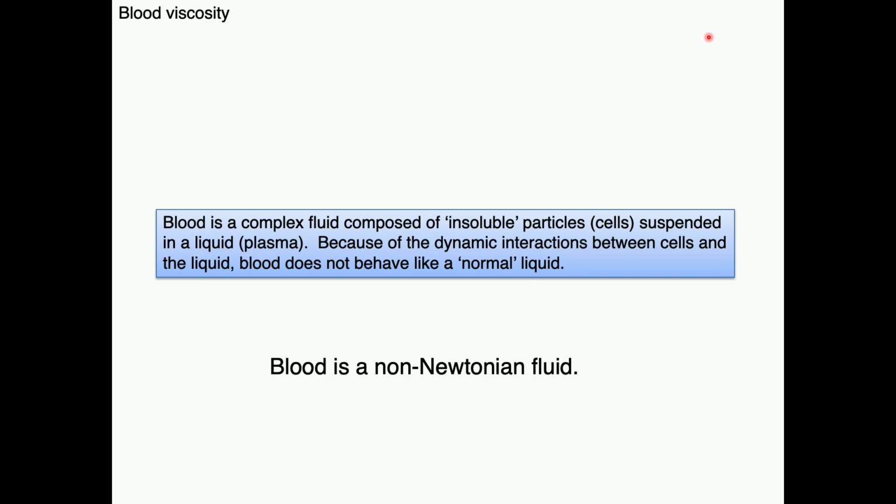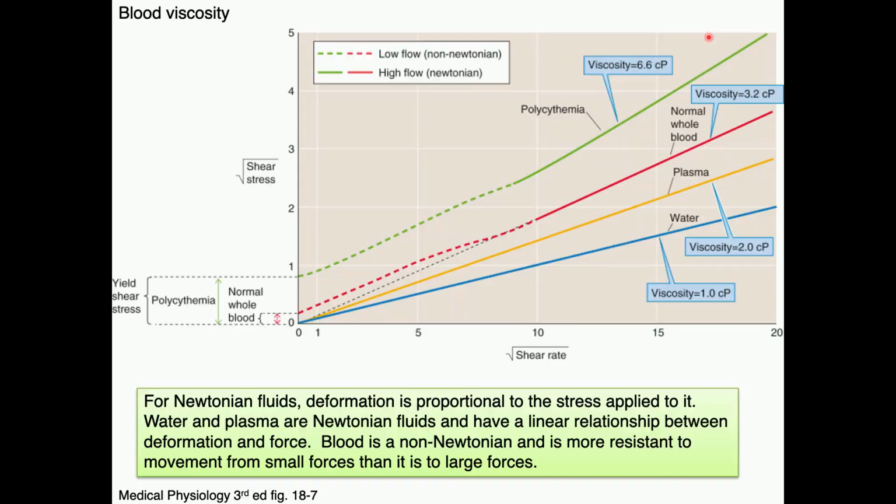There are a thousand different affinity coefficients, essentially, of these different receptors and proteins studding the surface of the cells, that make it not a predictable collision when you have those small forces. So blood is a non-Newtonian fluid.